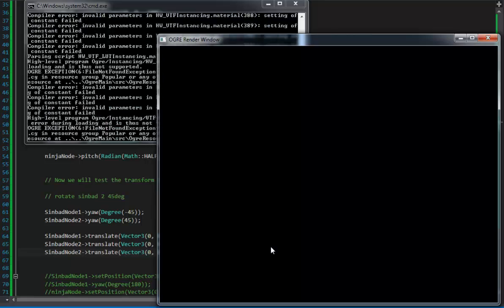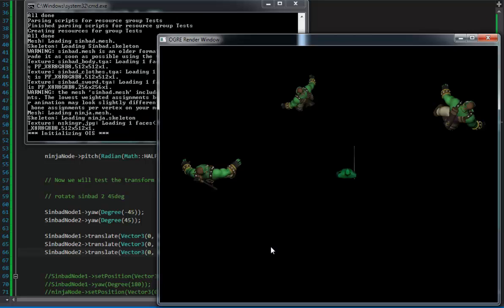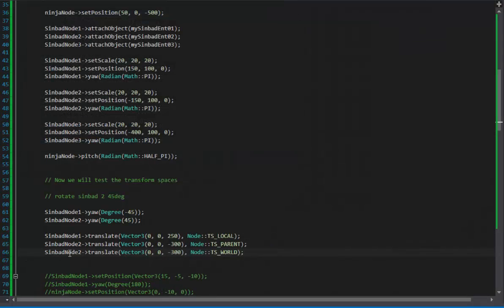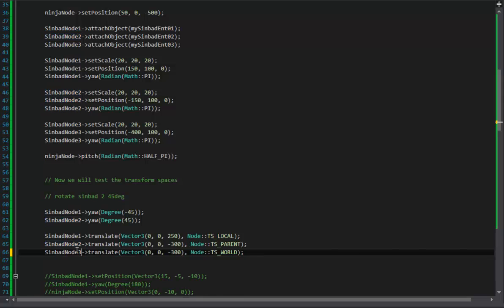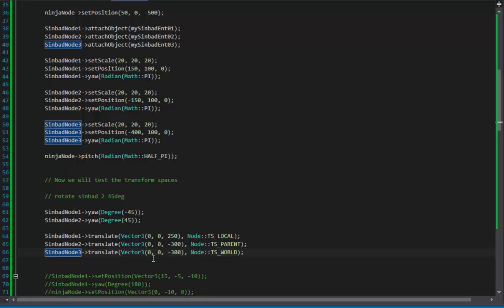The global z-axis of the world, if you think about it, is the axis that's pointing outwards from the screen. So move Sinbad node 3 and translate 300 units along the z-axis of the world. That would be the vertical axis that's pointing out of your monitor.